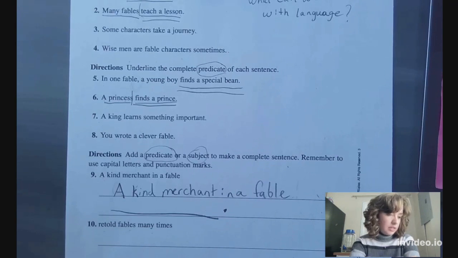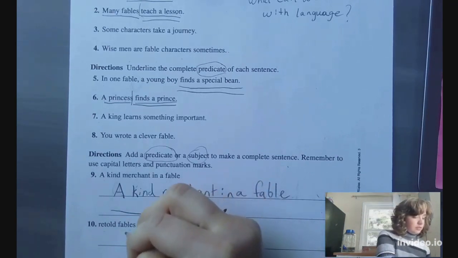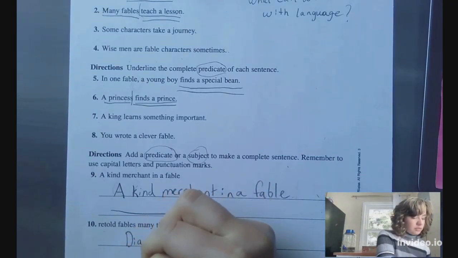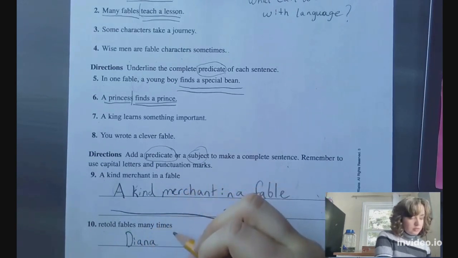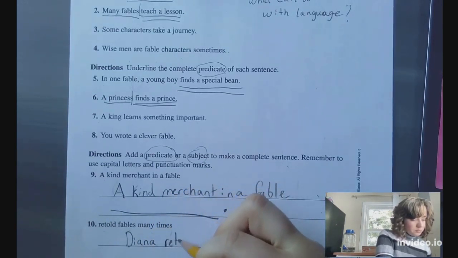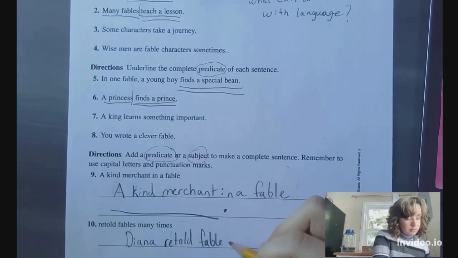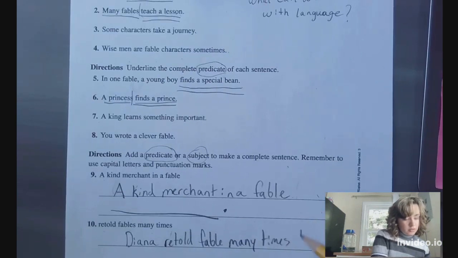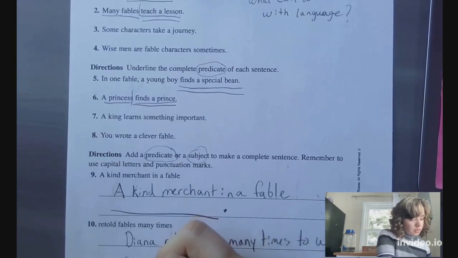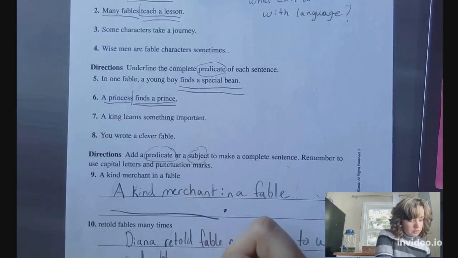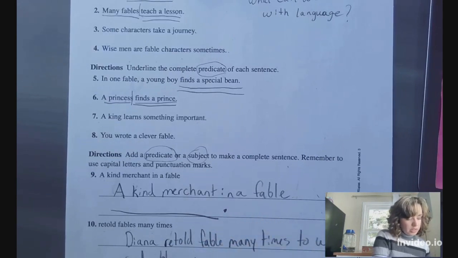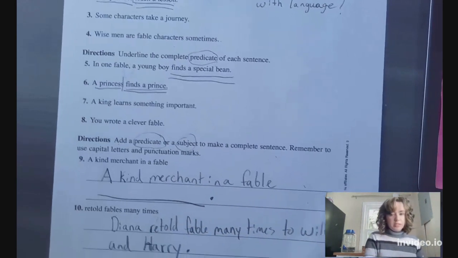I'm gonna say Diana retold fables many times to William and Harry. Oops, capital letter. And then I'm going to put my punctuation at the end.